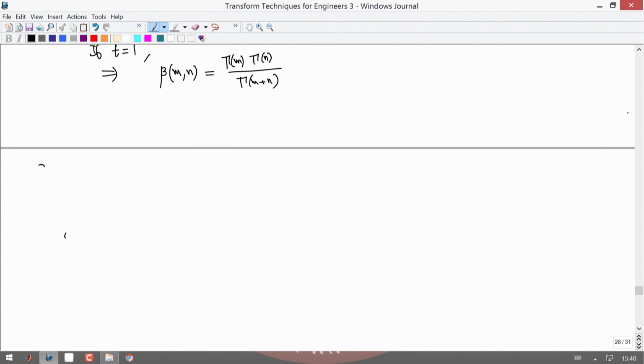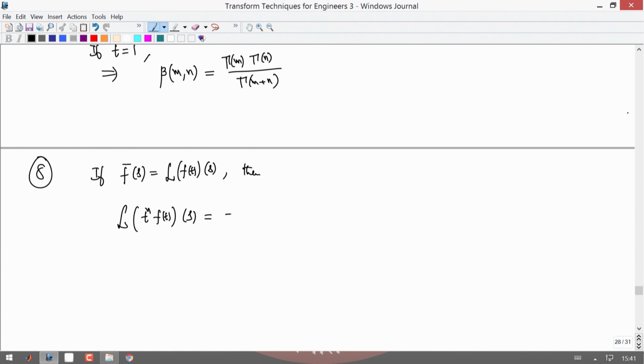We will see property number 8, which you have seen earlier: the Laplace transform of the derivatives. Now, we can see the derivative of the Laplace transform. If f bar of s is the Laplace transform of f of t as a function of s, then what is the Laplace transform of t power n times f of t as a function of s?